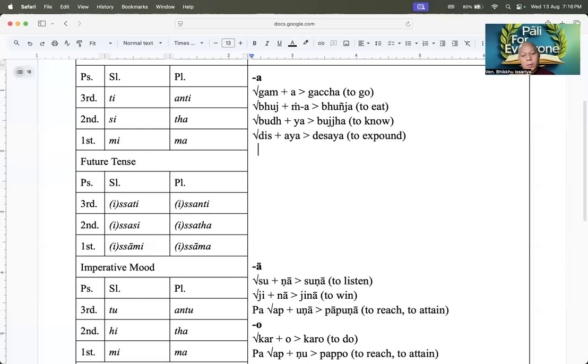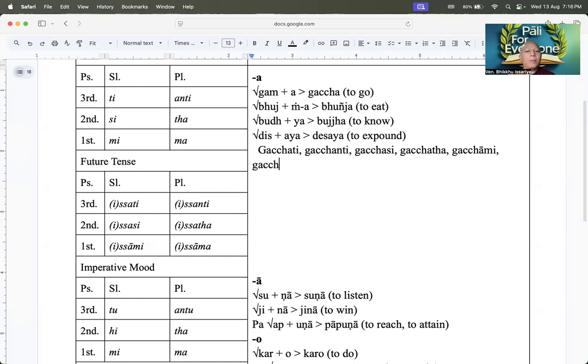So like gacchati, and then gacchanti, and then gacchasi, so gacchatha, and then gacchami, and finally gacchama. So in this way, that is the present tense, you see.